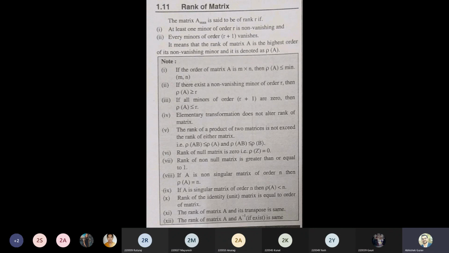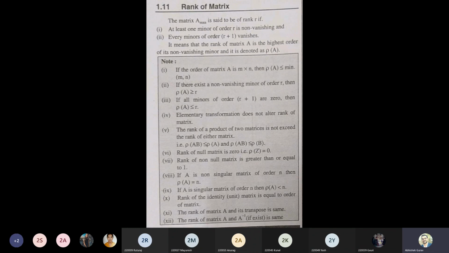So rank is fixed, means when we take the product, the rank is not going to change. Okay, after that, the rank of a null matrix is 0. Clearly it is an empty matrix, so the rank of that one is 0.